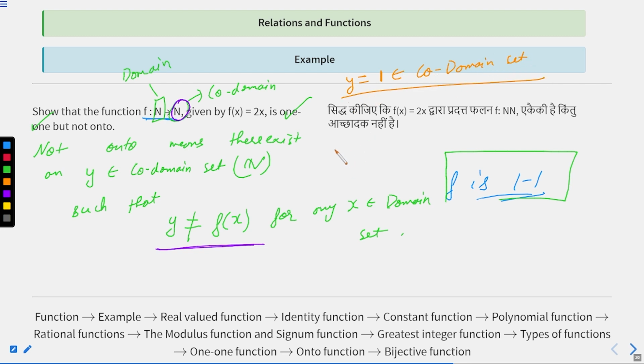Now, can 1 be written as f(x)? What we know is f(x) is 2x, and x belongs to the natural numbers.